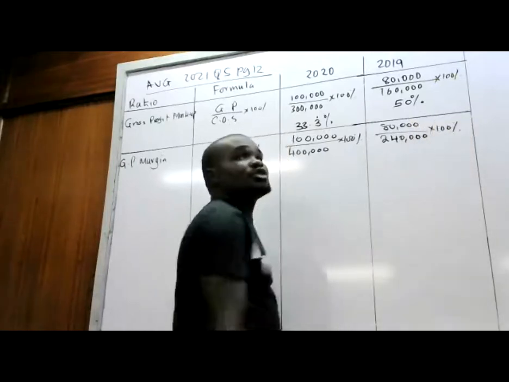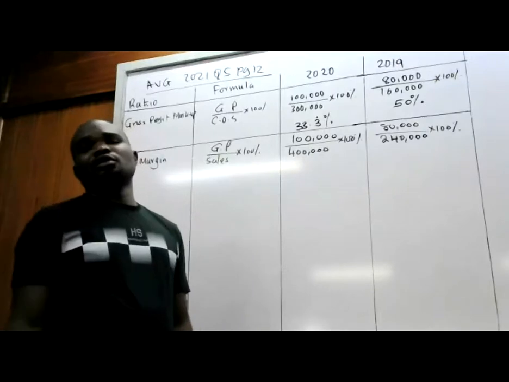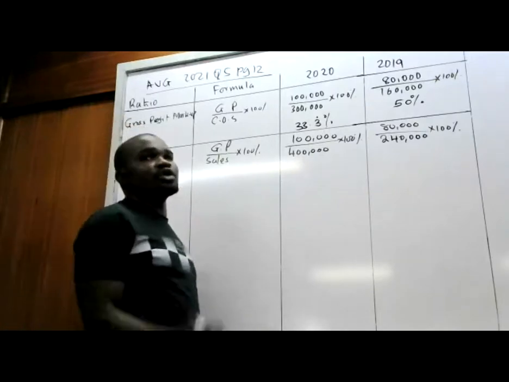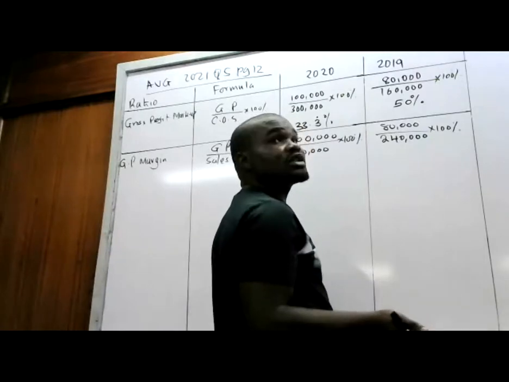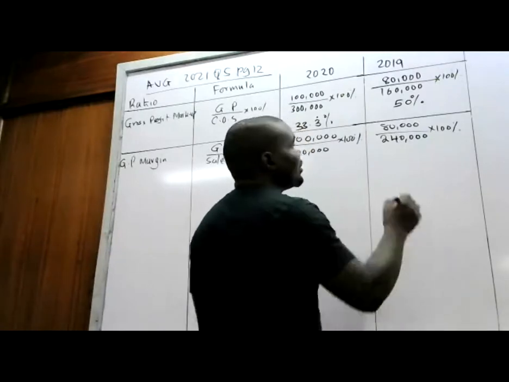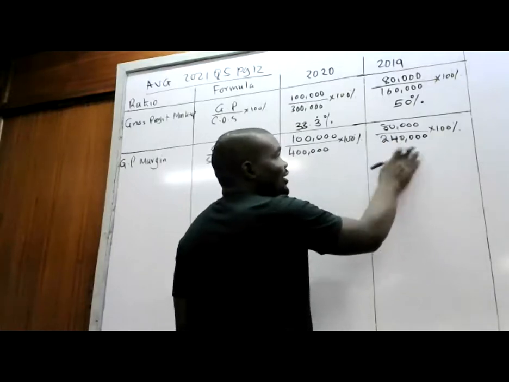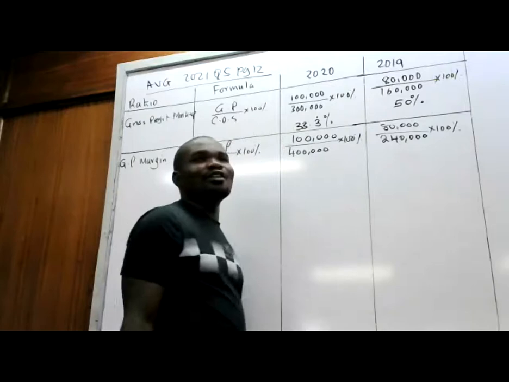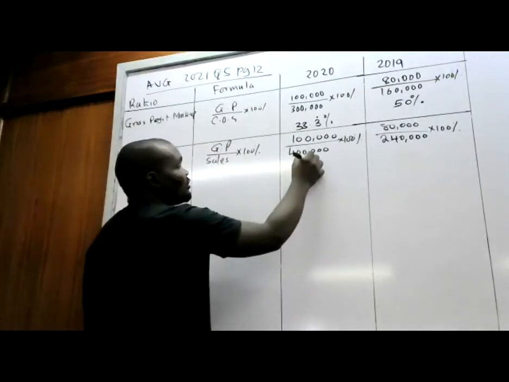Everyone knows their obligations. So gents, get for me 2019. Ladies, calculate for me 2020. A quarter means we are expressing percentage. Yeah, 25%. The first one. This one is 25.